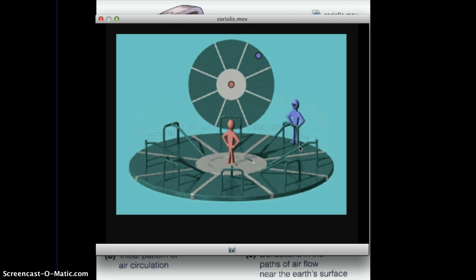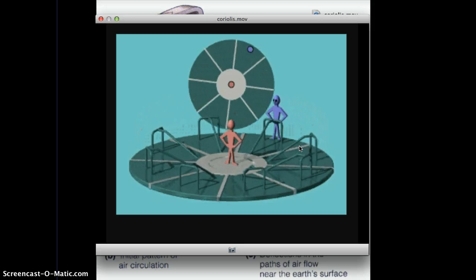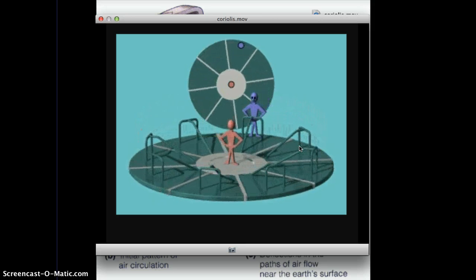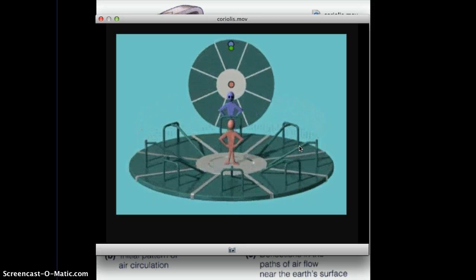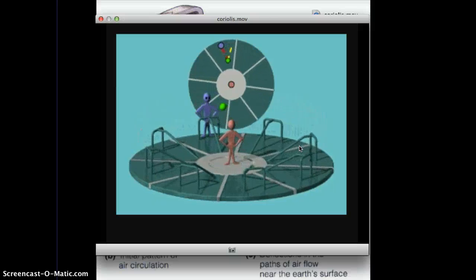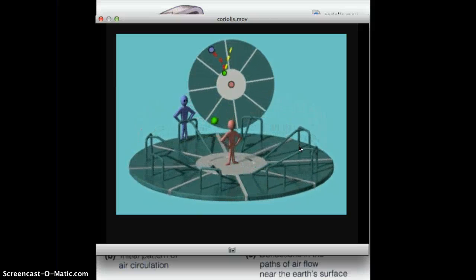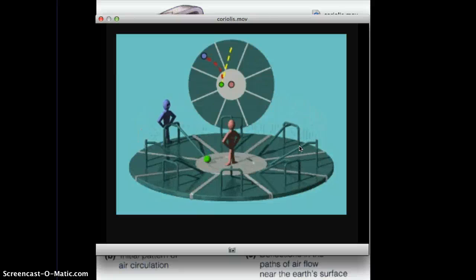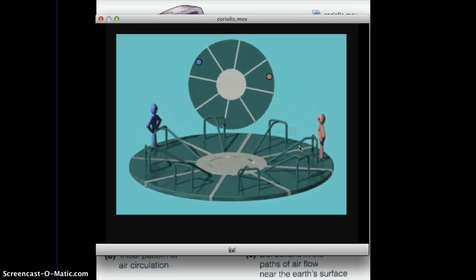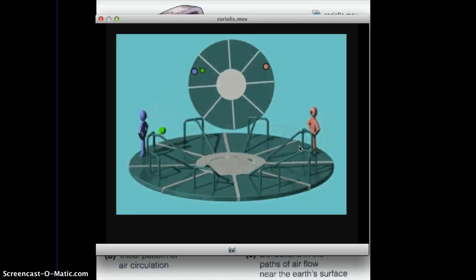Now the ball is thrown the other way. Because the thrower is moving, the ball has a velocity component to the right. The motion of the ball appears deflected to the right, and the ball misses the catcher again. Let's look at a throw across the merry-go-round. Both people move with the merry-go-round. The ball is thrown.